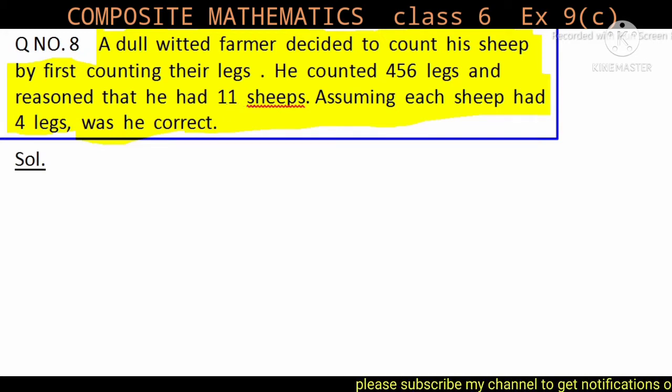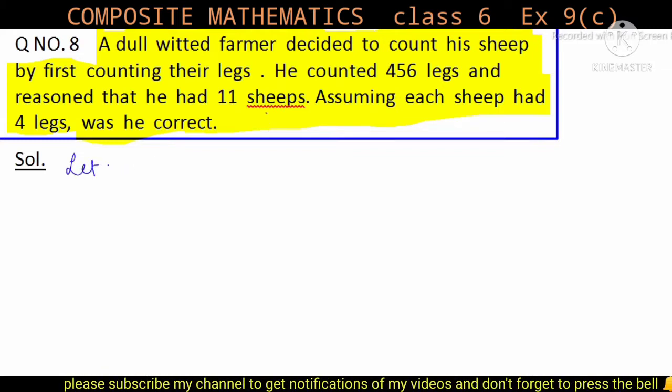So friends, first of all we will divide and see if 456 is completely divided by 11 or not.